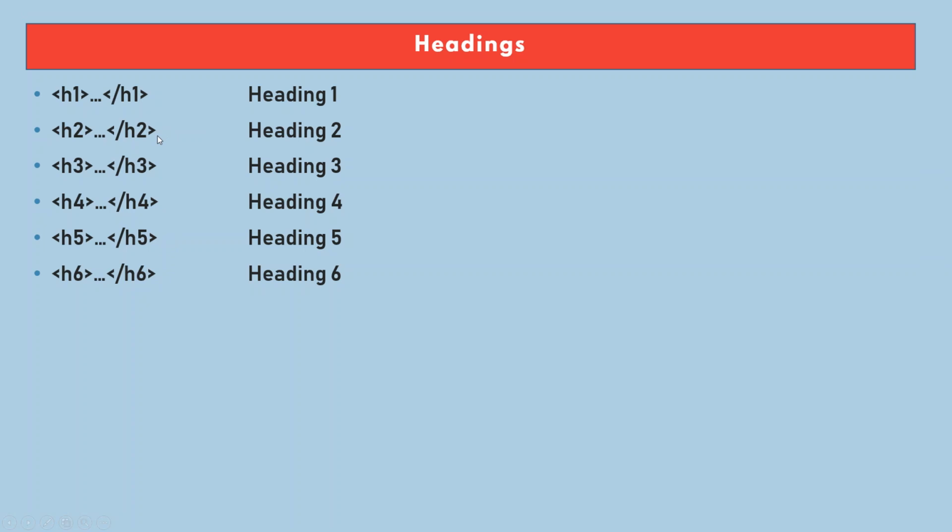Under the subheading, again a subheading, H3. Under that, again a small heading, so H4. These are generally enough. Even if you want, you can also use H5 and H6. You don't have any requirement to use more than 6, that's why they have given 6 only.